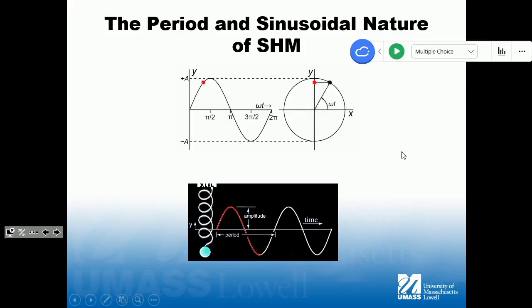That's the black thing moving in a circle with constant speed. And the red dot on the y-axis is that thing's projection on the y-axis, and that is undergoing simple harmonic motion.